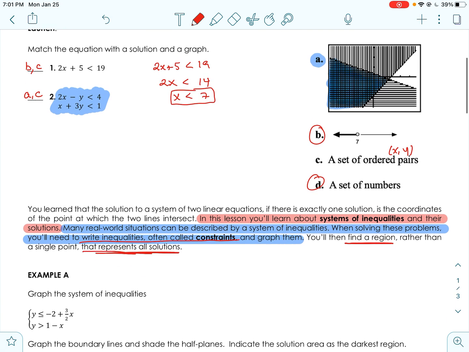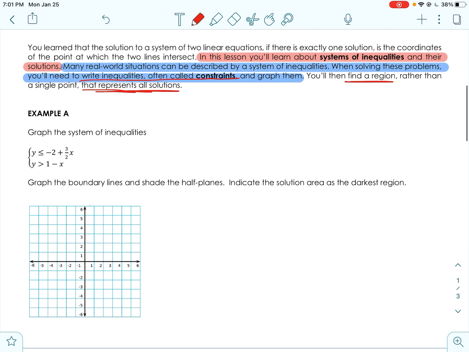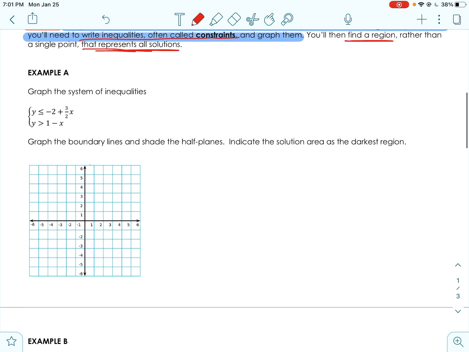So let's take a look at this first example. We have the system of inequalities: y is less than or equal to negative 2 plus 3 halves x, and y is greater than 1 minus x. We're going to graph the boundary lines for each of these and shade the correct region that represents the solution for each of these inequalities. So first we'll look at y is less than or equal to negative 2 plus 3 halves x.